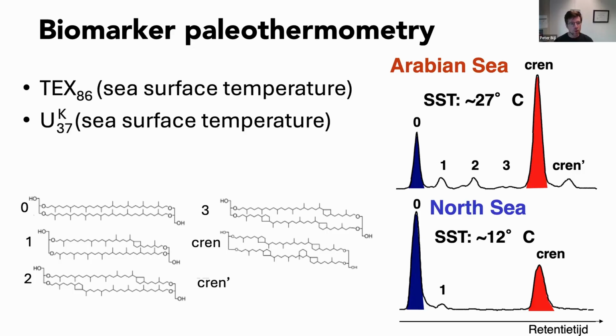And the molecular structure of these membrane-spanning lipids is adjusted based on the temperature where they live in. So we can measure the relative abundance of these components, and also through modern core top calibrations, we can reconstruct temperature back in time. And so it's the combination of the full oceanography from the dinoflagellates and specific absolute paleothermometry from the biomarkers that is used as proxy to reconstruct what the ocean looked like back in time.